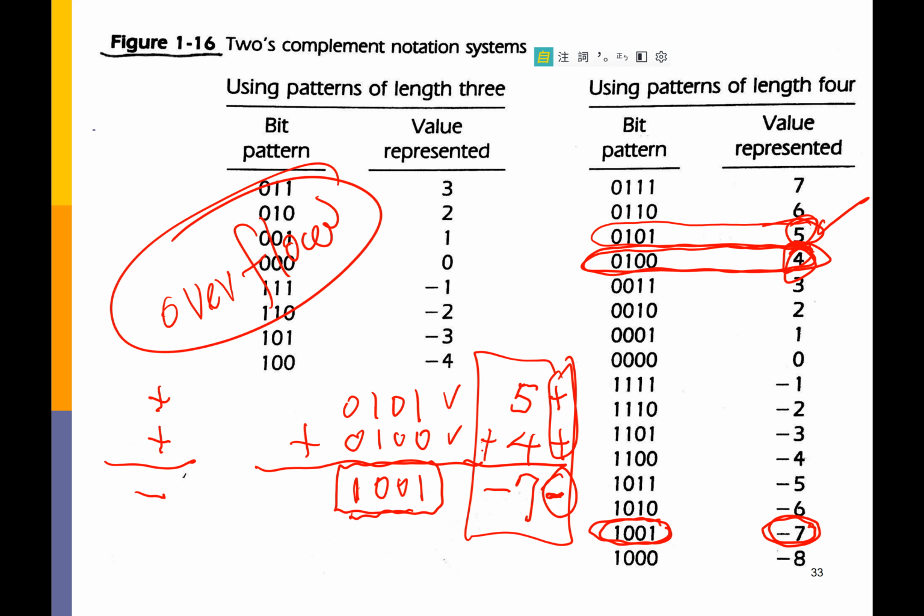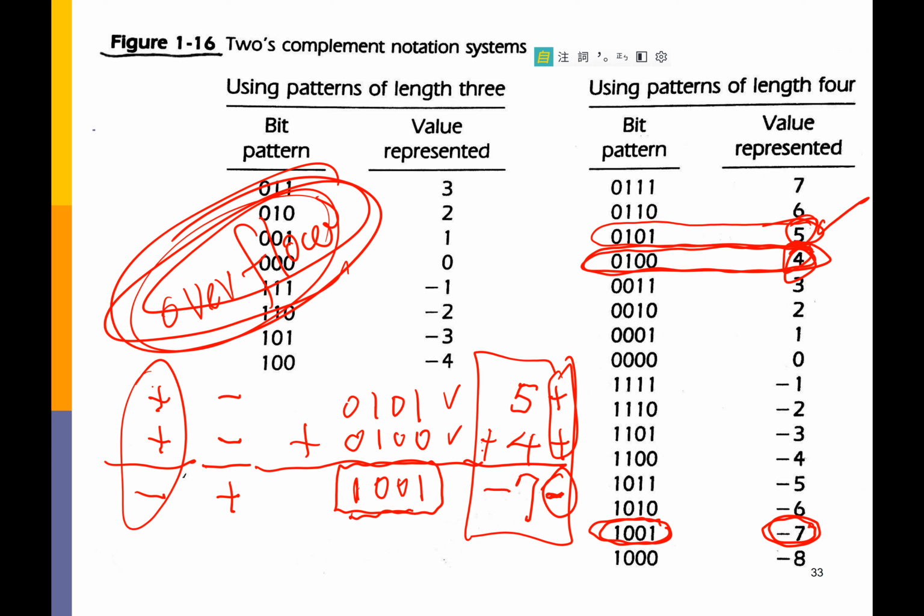When you have a negative value and a negative value and you add them together, you get a positive value, which is impossible, which indicates an overflow error. So, in order to detect an overflow error, it's easy. There are two kinds of situations: two positive numbers get a negative value, or two negative values get a positive value. It tells you an overflow error has occurred.